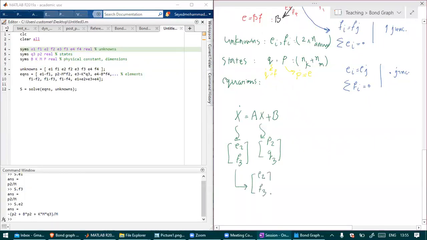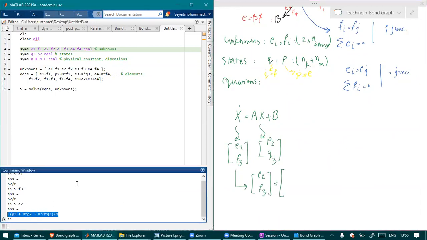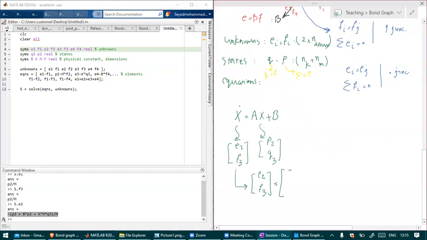E2 and F3 are equal to the following. E2 is minus B over M times P2 minus K Q3, and the relation for F3 is P2 divided by M. The only thing I need is factoring P2 and Q3 to get the linear form.